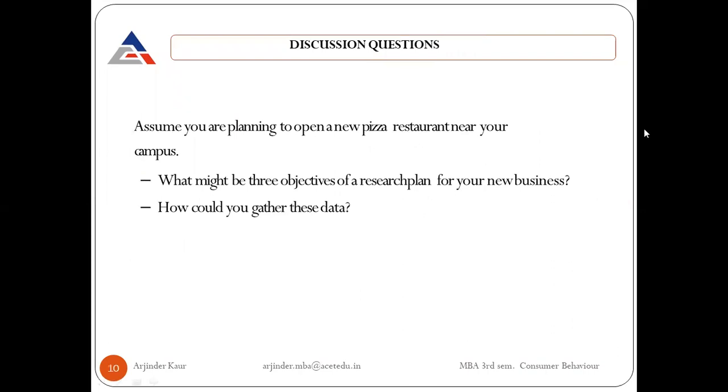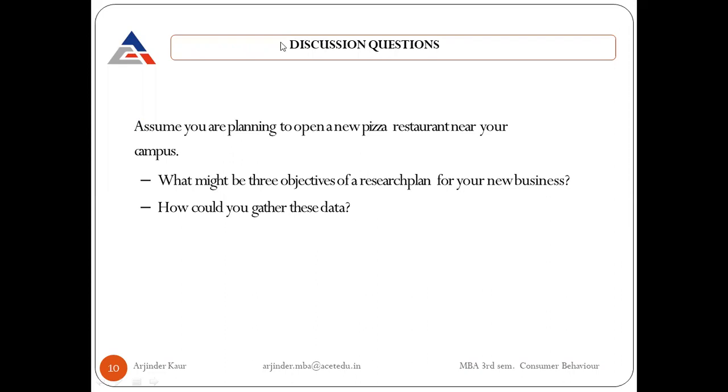So now this is a research question. You just need to think over and respond. Assume you are planning to open a new pizza restaurant near your campus. You are all required to think of three objectives of a research plan for your new business, and how you could gather this data.